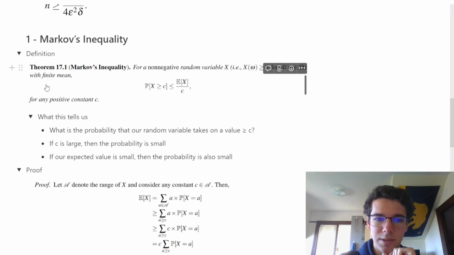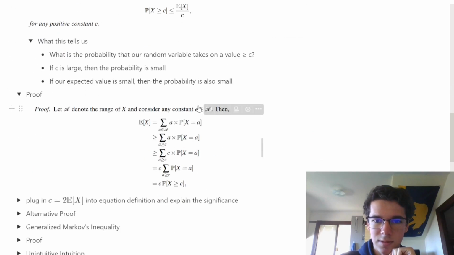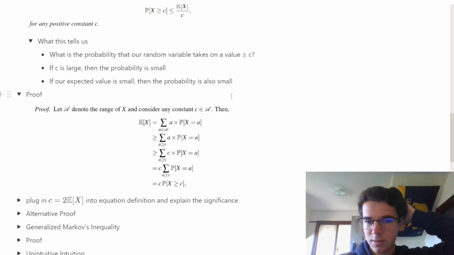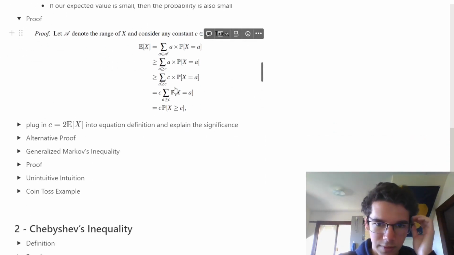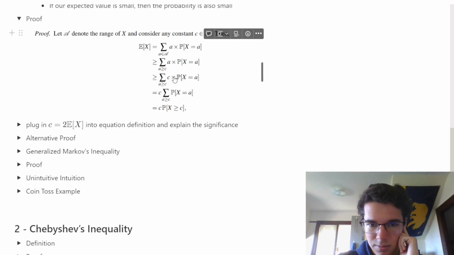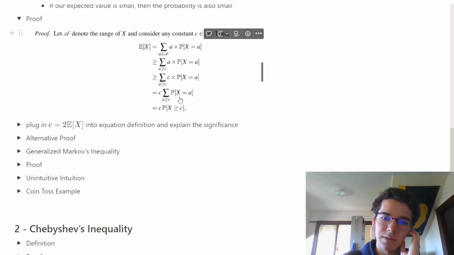Again, we know that c is a positive constant and x is non-negative, so we're just going to go up to some arbitrary positive top value up there. Sorry, I don't mean to get too into the weeds, but this is the same as if we just take the constant out and then apply the sum of these probabilities, and that's really just saying the same thing as the probability that our random variable is greater than or equal to c.